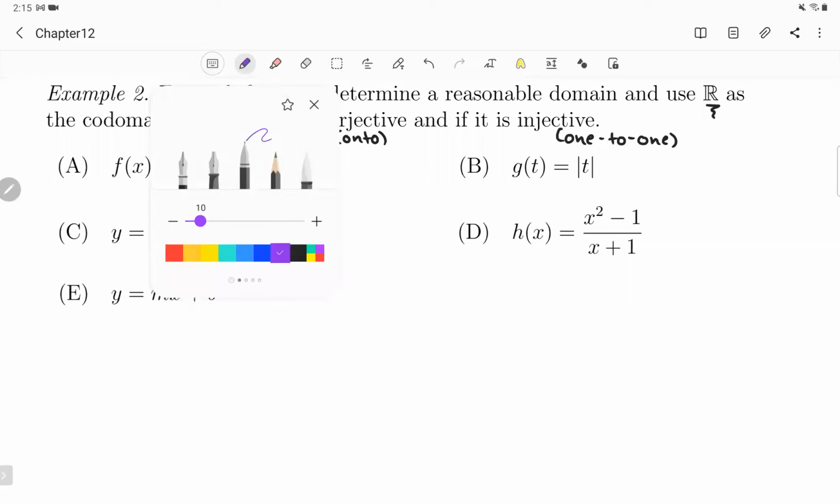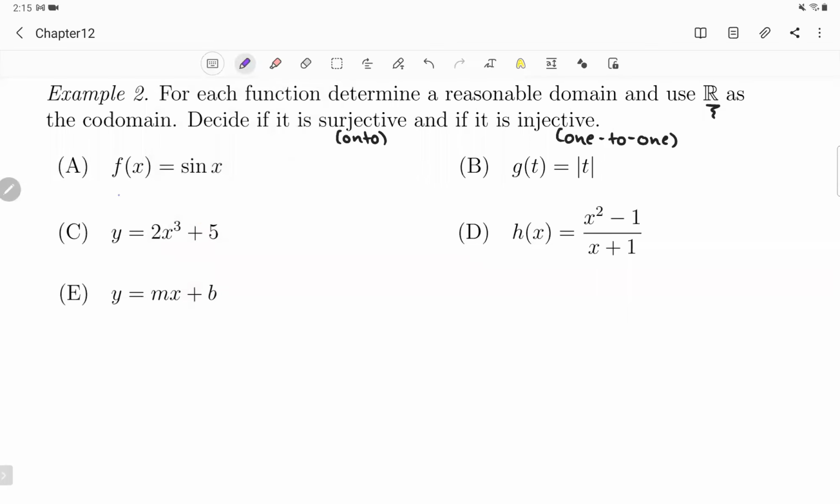No, it definitely isn't. So not onto, right? It only goes from -1 to 1. It misses a heck of a lot of real numbers. Well, is it injective? Is it 1-to-1? No, definitely not. What is sine of 0? And what else has value 0 when plugged into sine?